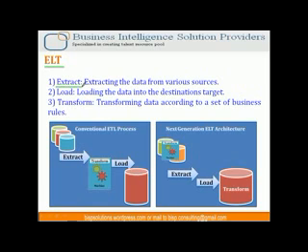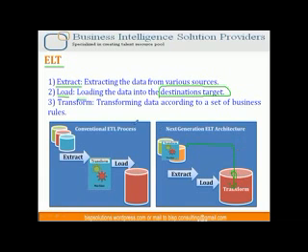ELT means it first extracts the data from various sources, then it directly loads it to the destination target. Like if we have Oracle as the target, it extracts the data from the source system without transforming, and directly loads it into the target place.